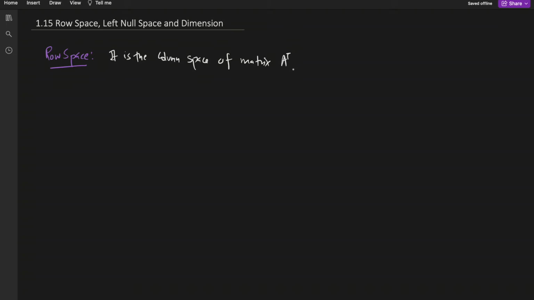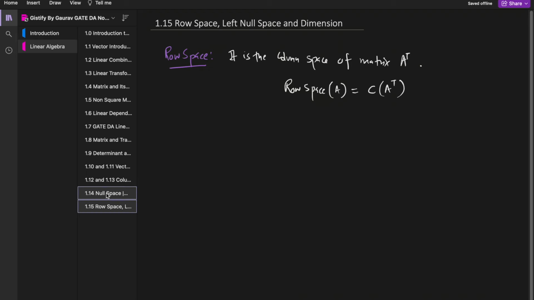So the row space of matrix A is nothing but the column space of matrix A transpose. That's all.